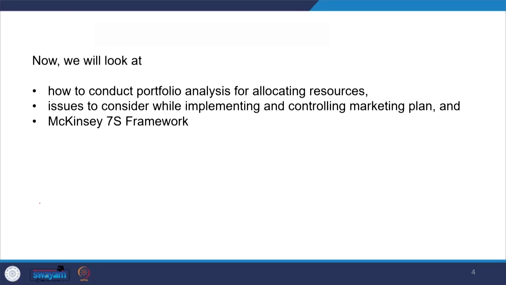Here we will be discussing some matrices or theories which have been built by companies, like the BCG framework, the GE nine cell matrix, the 7S McKinsey framework and all. So, we are going to discuss these things today.